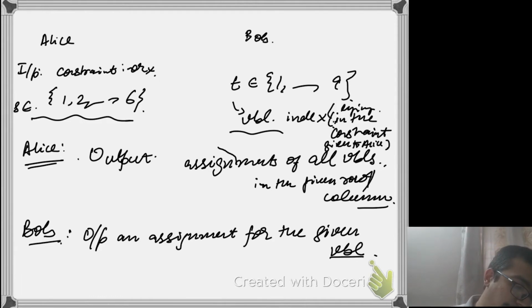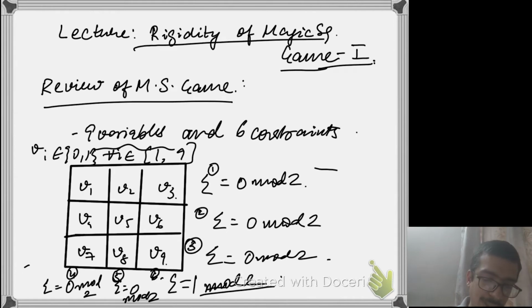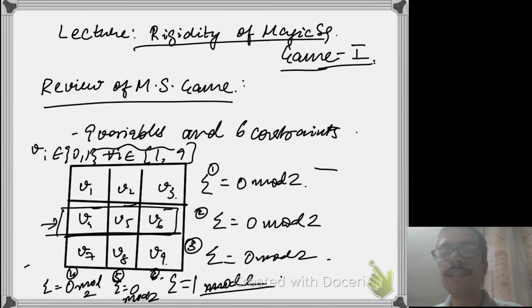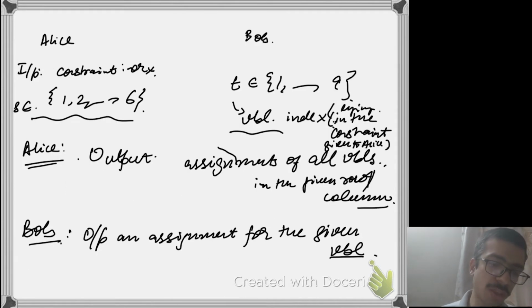So, for example, if Alice is given the second row, then maybe Bob is given either V4, V5 or V6. So, in addition to the above constraints, the input satisfies the fact that Bob's variable index is one of the variables which lies in Alice's constraint. This is the form of the input.